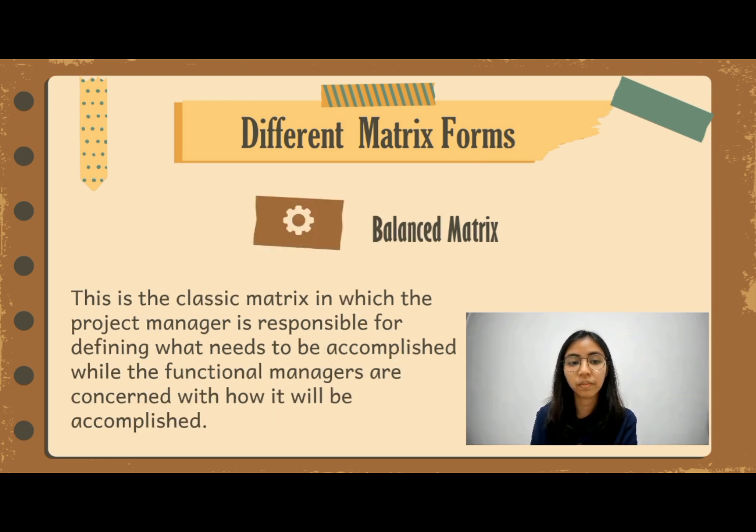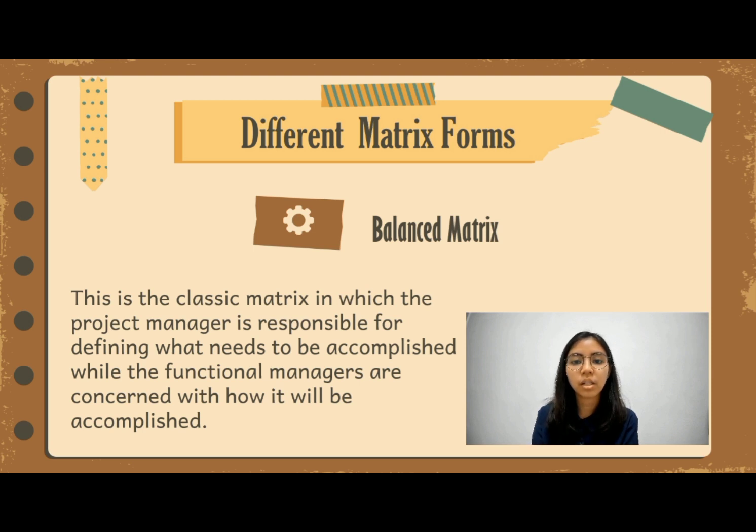Second matrix, we have the balance matrix. This is the classic matrix in which the project manager is responsible for defining what needs to be accomplished, while the functional managers are concerned with how it will be accomplished. More specifically, the project manager establishes the overall plan for completing the project, integrates the contribution of the different disciplines, sets schedules, and monitors progress.